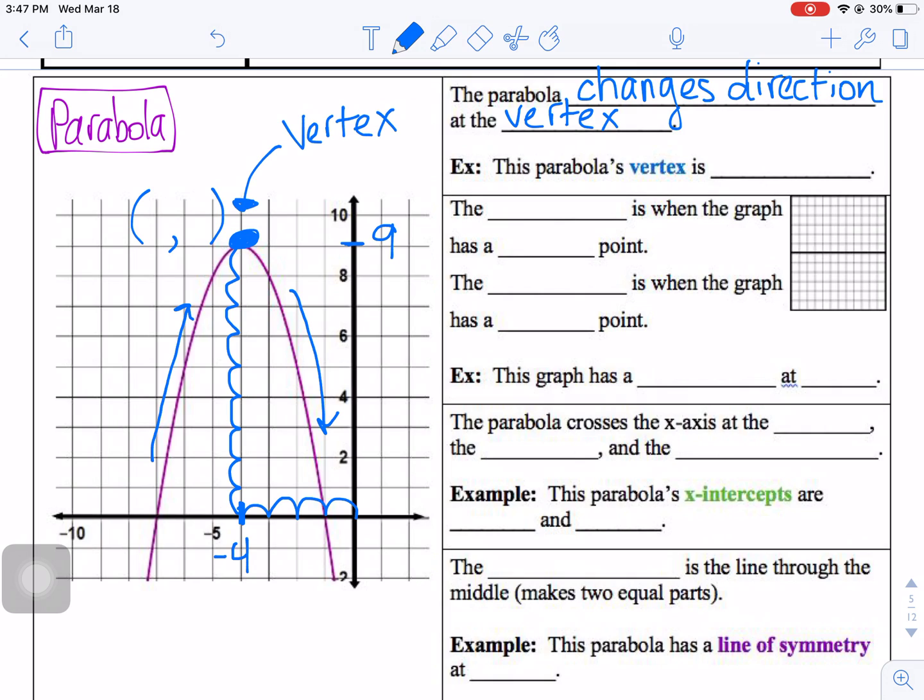So our point is -4, 9. So on the right, in the upper right corner, this parabola's vertex is -4, 9.